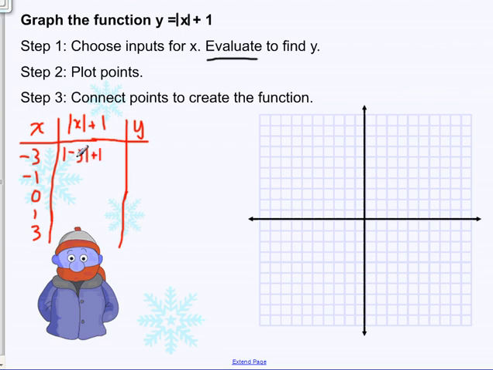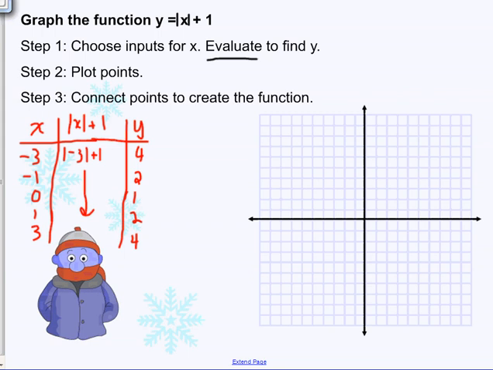The absolute value of -3 is 3, plus 1 is 4. And you can do that all the way down. Solve it all the way down. That's why I have this middle column here. So the absolute value of -1 plus 1 is going to be 2. Absolute value of 0 is 0, plus 1 is 1. The absolute value of 1 is 1, plus 1 is 2. Just go down all the way until we have all of our outputs, or our y's.